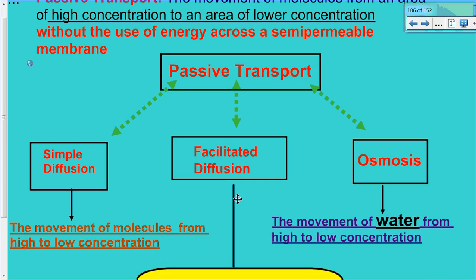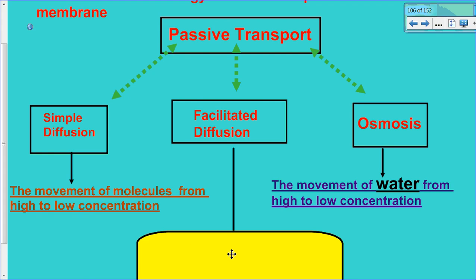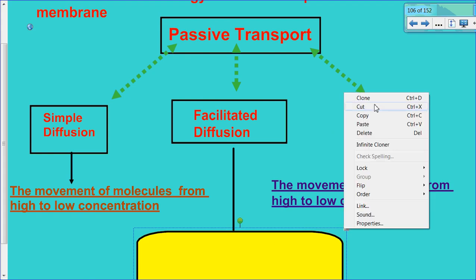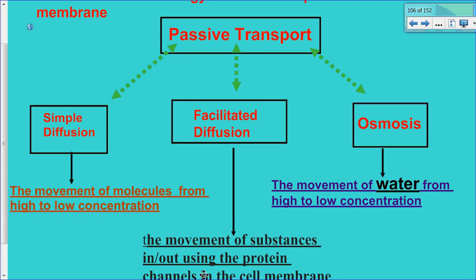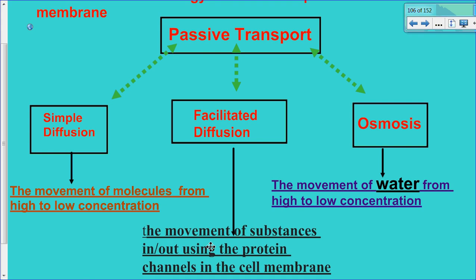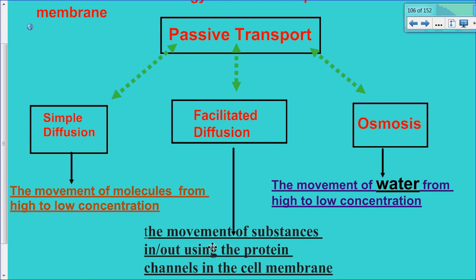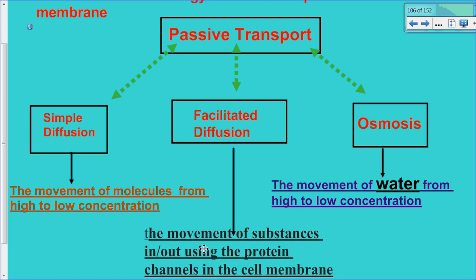There's simple diffusion, where molecules generally just move down their concentration gradient, no energy required to do that, recall, and they move from areas of high concentration to low concentration through the cell membrane, maybe even through the lipid layers. And oxygen and carbon dioxide are good examples here of simple diffusion. They're so small, they have no charge on them, those molecules, they're able to go through the lipid bilayer.